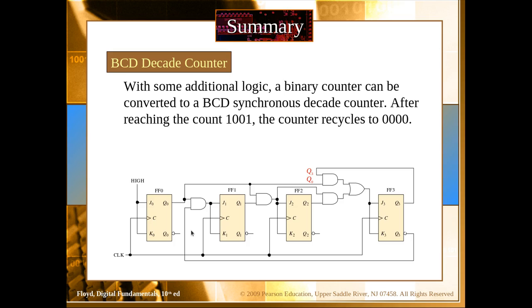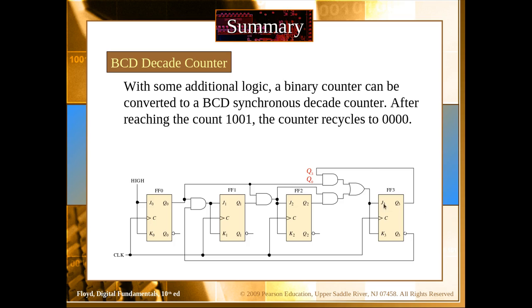We can also make a BCD decade counter in terms of a synchronous counter. In that case we have to reset the counter after 1001, such that the counter recycles to 0000.